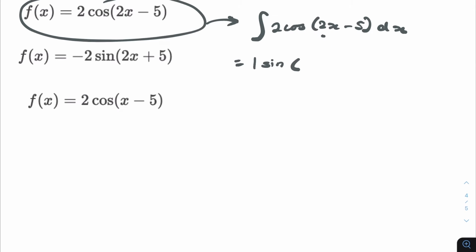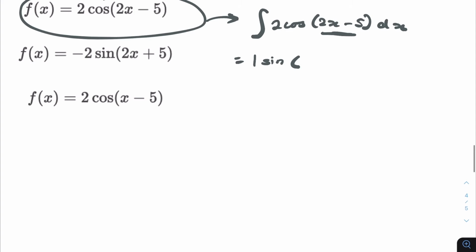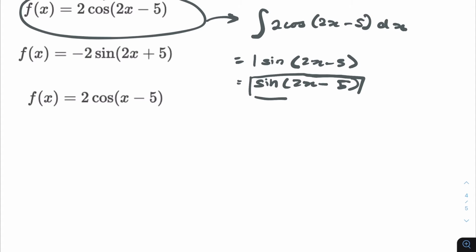And then obviously the bracket doesn't change, because if you think about the derivative, we would just be multiplying what's in here by the coefficient, but we wouldn't actually change the bracket. It's a bit like e to the power of x in that respect. So it just remains 2x minus 5. And obviously you don't want to write the 1, we'll just eliminate it. So that's the answer for this one.